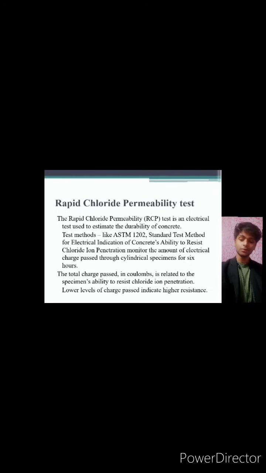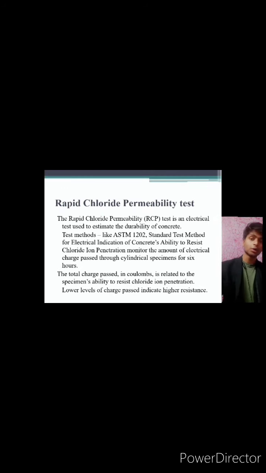The second durability test is the rapid chloride permeability test. It is an electric test that estimates the durability of concrete.